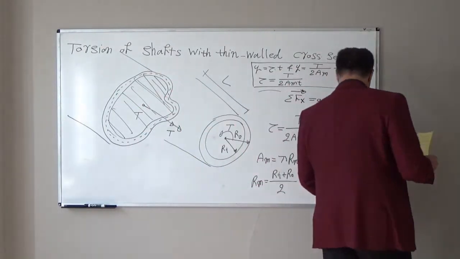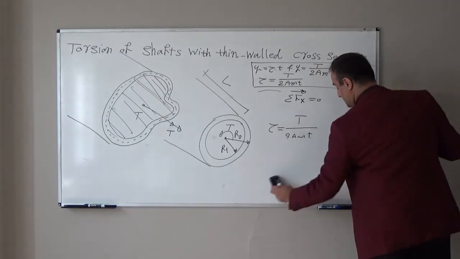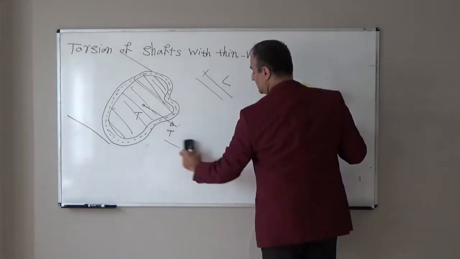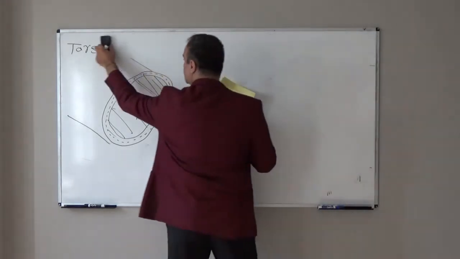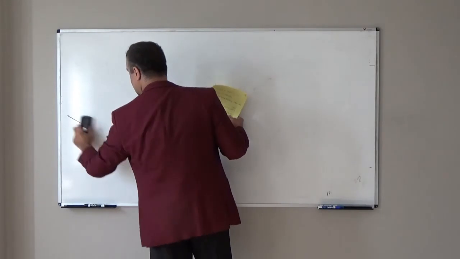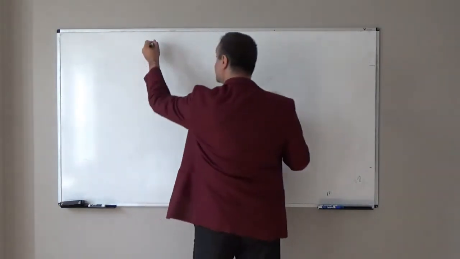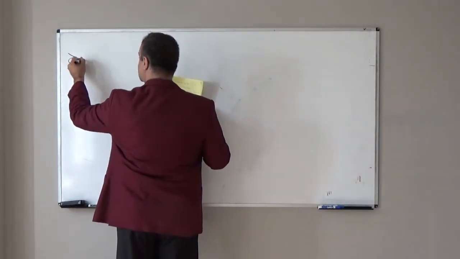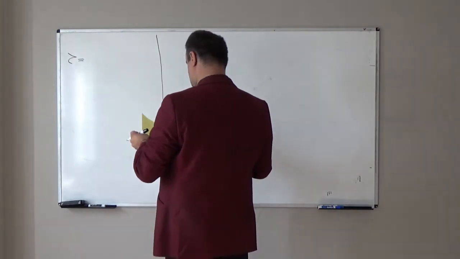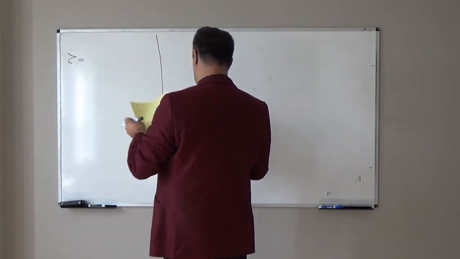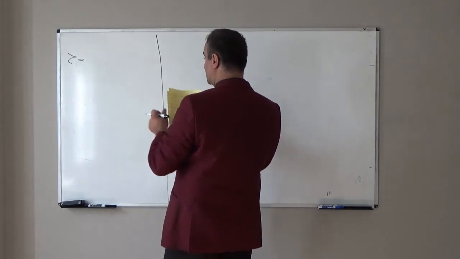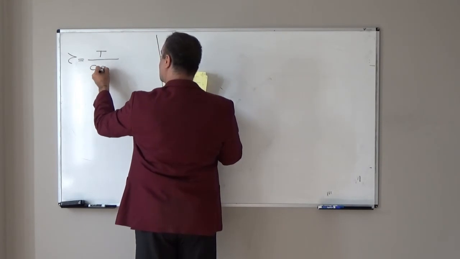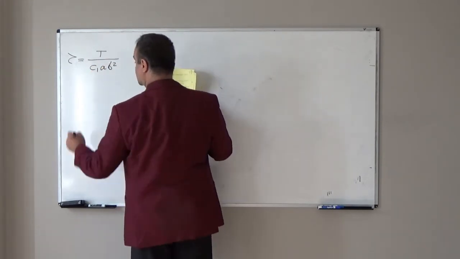So if I summarize what we had today, for a shaft with a rectangular cross-sectional area, tau is equal to T over C1 A B squared.